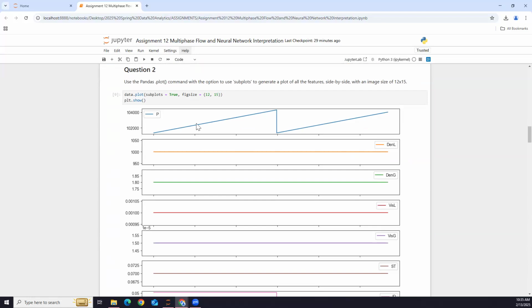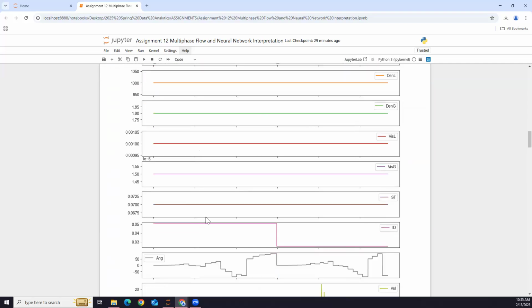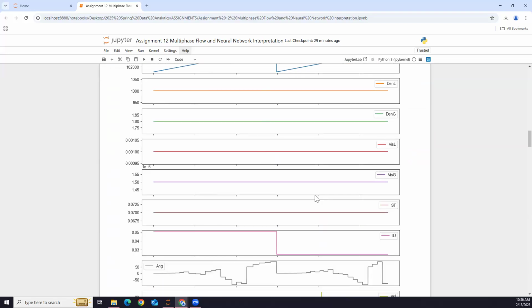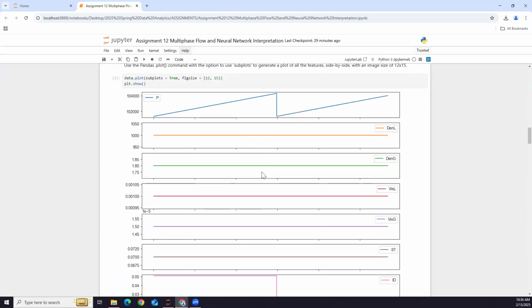So I have pressure, which is my 0th variable. I have density of the liquid, which is the first, second, third, fourth, fifth, sixth, seventh, eighth, and ninth for a total of 10 inputs. And if you look at input feature 1, input feature 2, 3, 4, and 5, they essentially have no variations whatsoever.